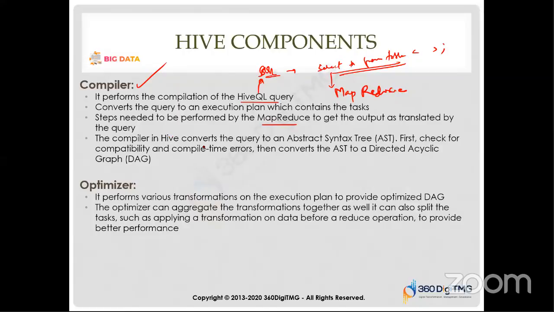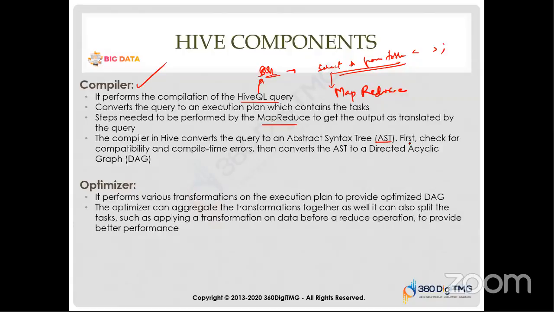And this compiler converts the query initially into something called an AST, abstract syntax tree. It's a tree which is getting generated, which has a flow saying, this is what you have to do. Select star from table means you need to refer to these tables, pull the contents and then show it.